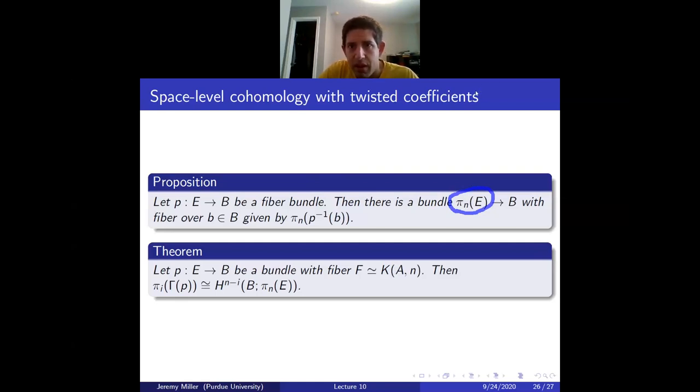I made up this name, and now I realize it's a bad name. I'm not saying literally take pi_n of E. And the fibers over B are naturally given by pi_n of the fibers.